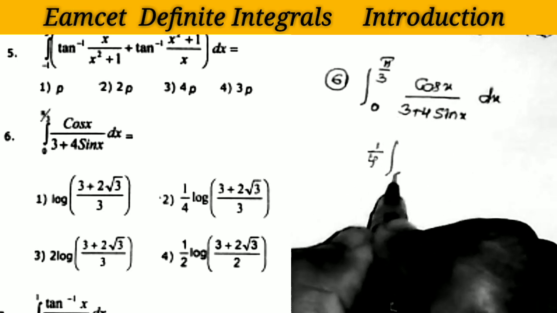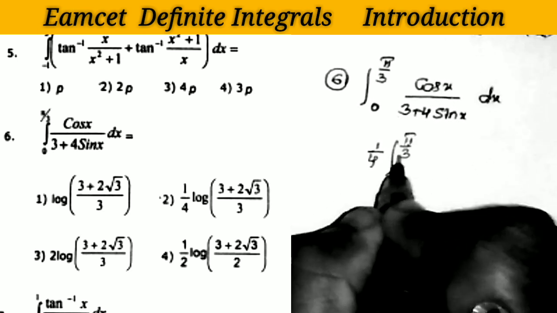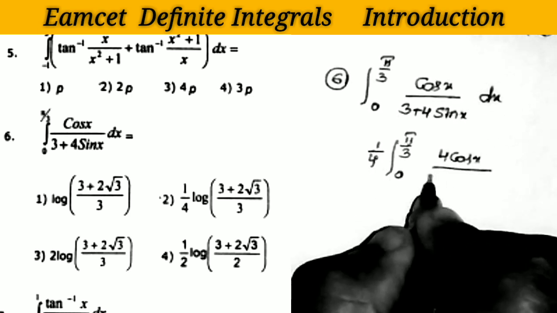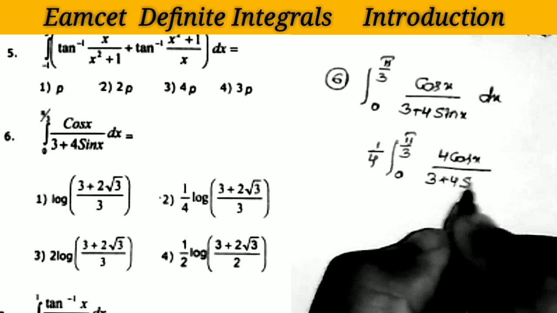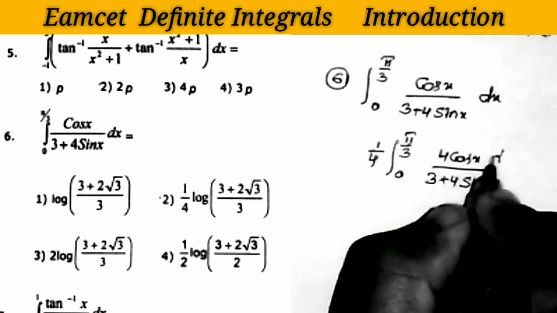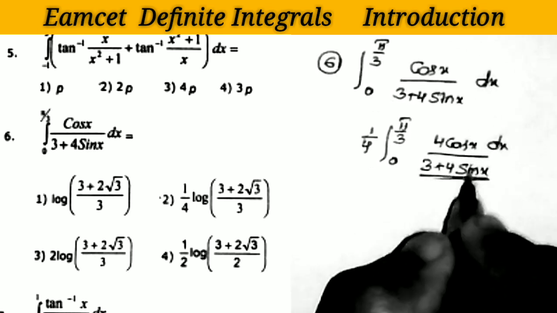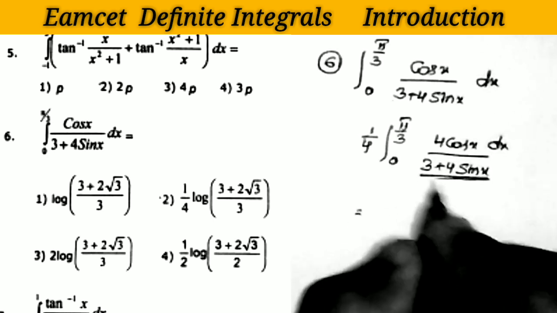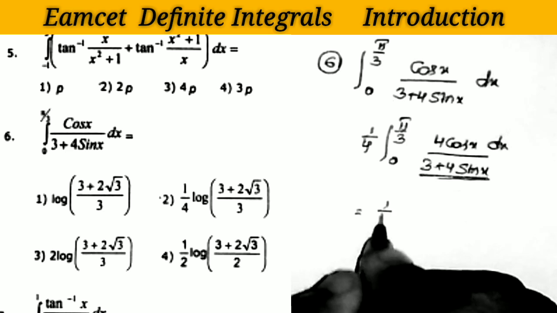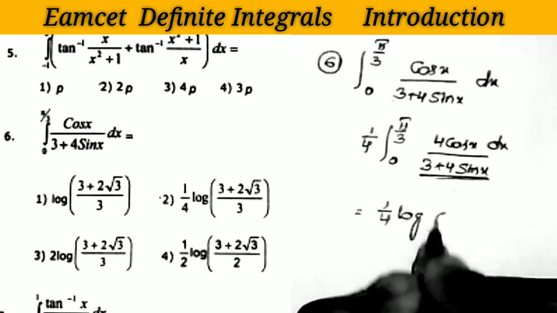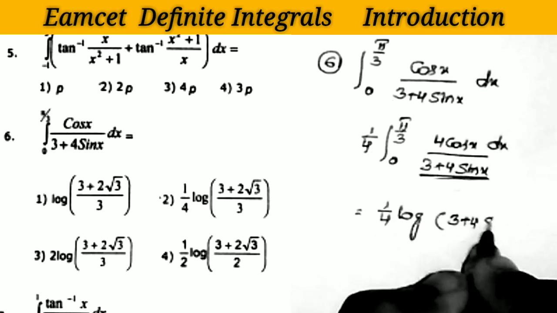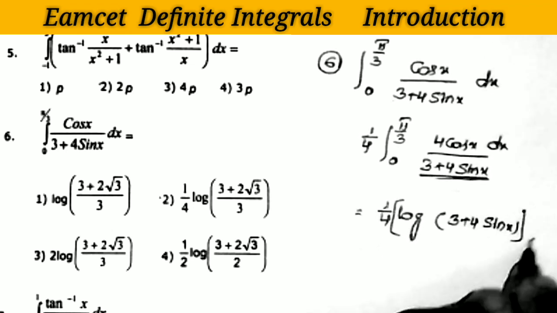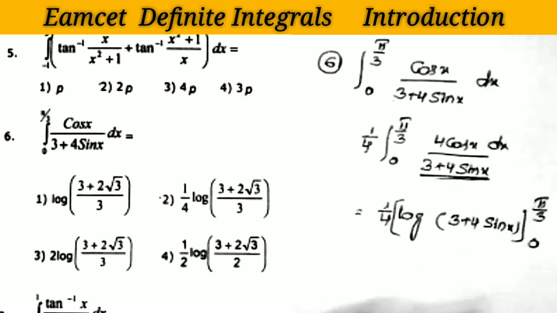Already here we have cos x, so I apply the constant 1 by 4 and 4 to the given question like that: 1 by 4 into the integral from 0 to pi by 3 of 4 cos x by (3 plus 4 sin x) into dx. Now clearly this is in the form of f dash of x by f of x, where the derivative of the denominator is 4 cos x. What is the answer? Log of f of x, that is log of (3 plus 4 sin x), where the limits are 0 to pi by 3.